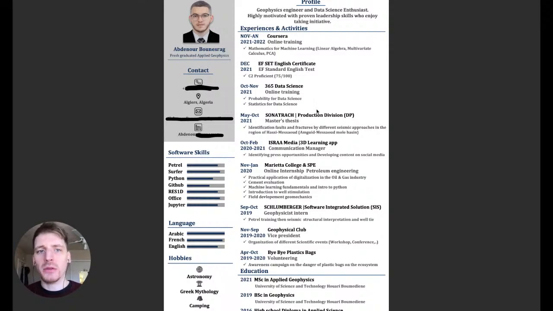Now, what would I change? The biggest change that I would do are the following. You can probably use a smaller font. I think this is probably a 13. You can even use a 12 or an 11 throughout all of your resume to save a little bit of space. And all of these qualifications, for example, you see the C2, by the way, very good, it's a great level of English.